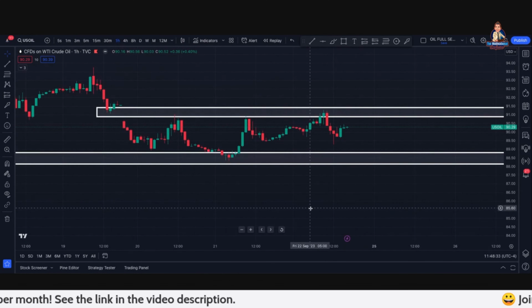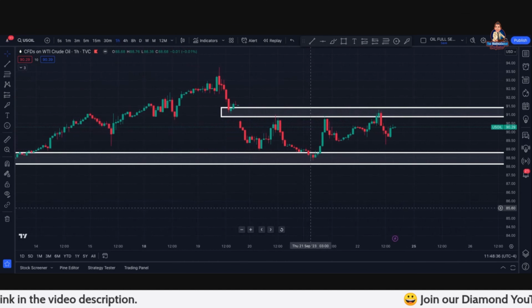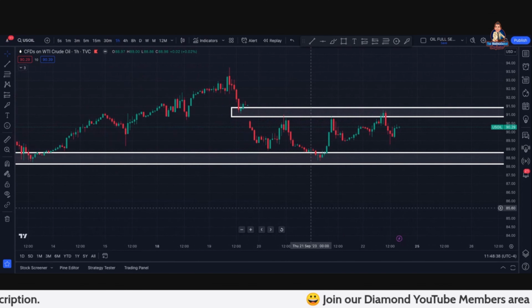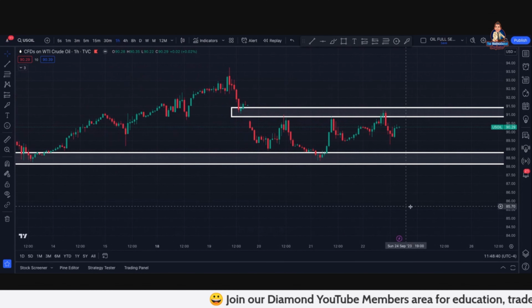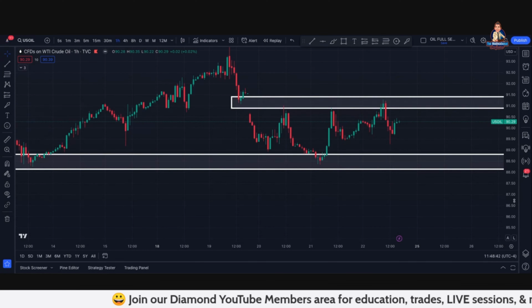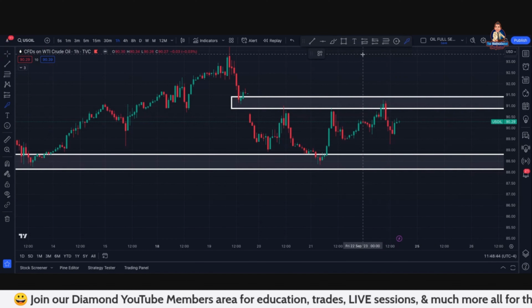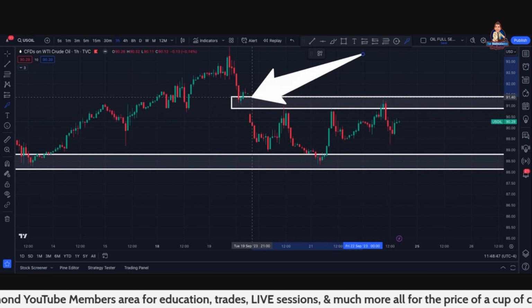Now we're going to drop down to our 1-hour chart. Now we can begin to see, okay, this is where we finished off the day on Friday. Now, if you notice right here, there is a price gap.